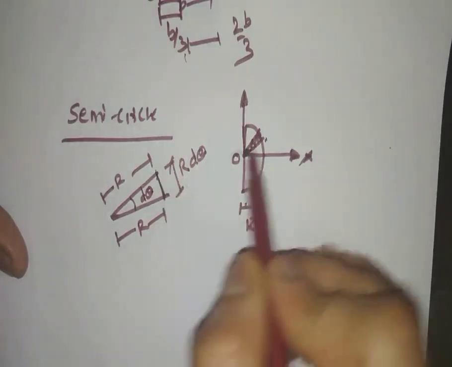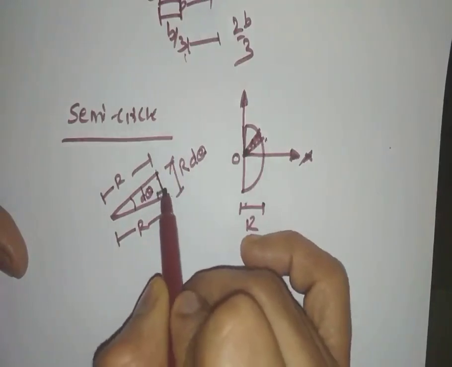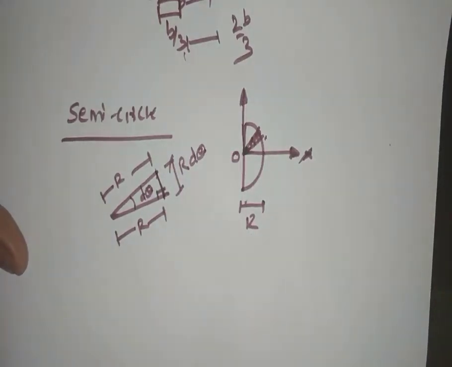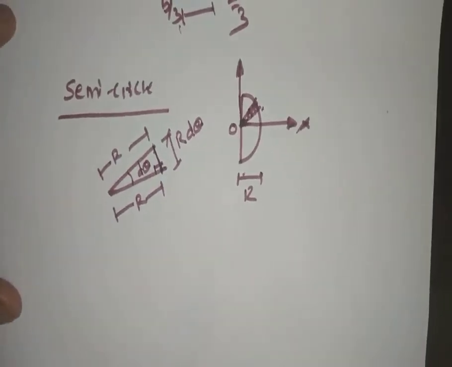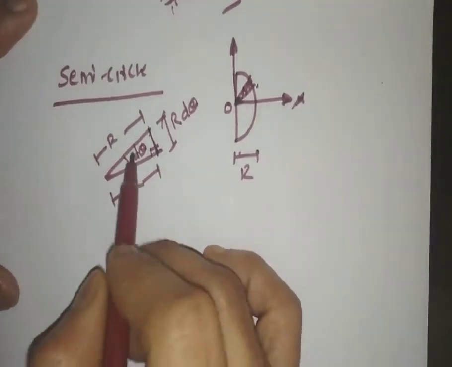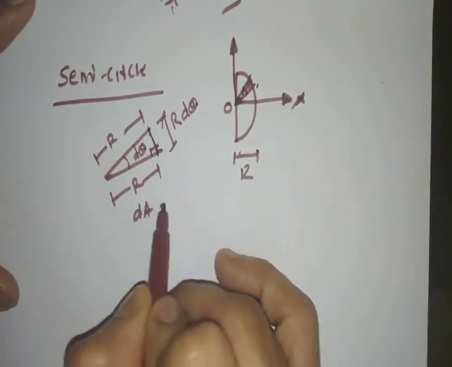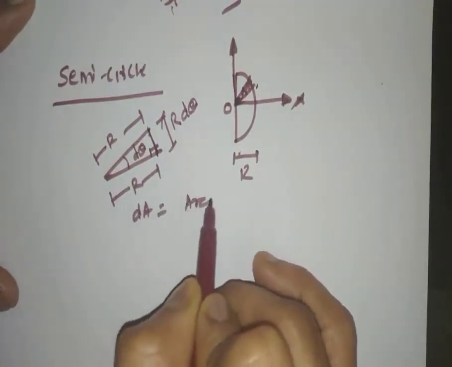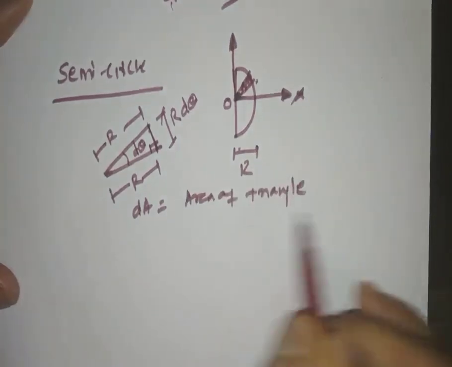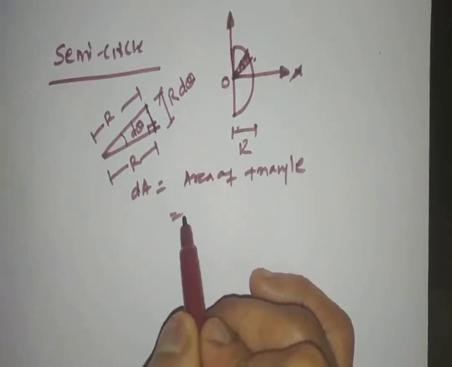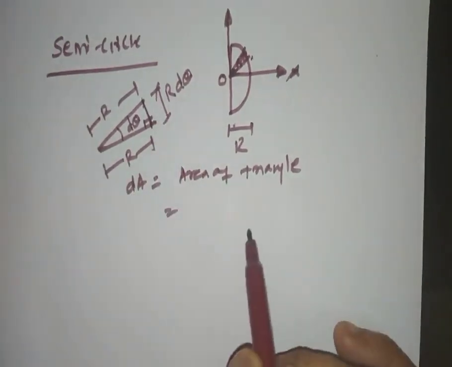So if we go on dividing this triangular section into small parts, the inclination made between the radius and the curvature portion will be approximately 90 degrees. So as a result, this is an elemental area, and the area of the element is the area of the triangle. This triangle shall be considered as a right angle triangle, wherein the base is r and the height is r d theta.